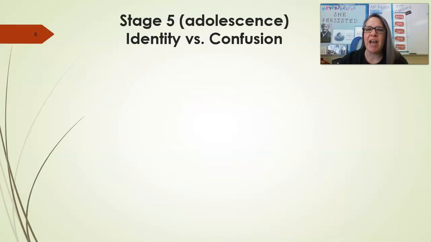All right, stage 5, adolescence. This is the stage you guys are all in. So this is identity versus confusion. Sometimes this is known as identity versus role confusion. So if you see it that way, just be aware it's the same thing.